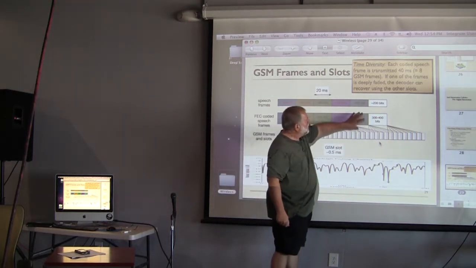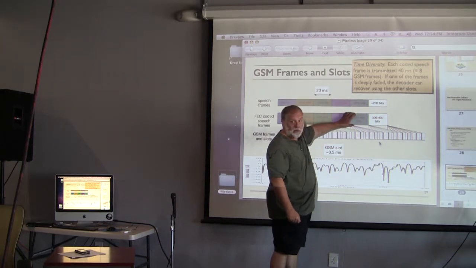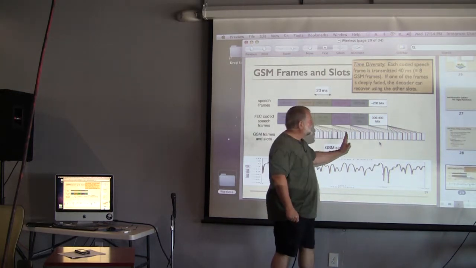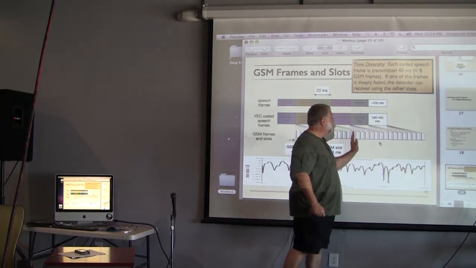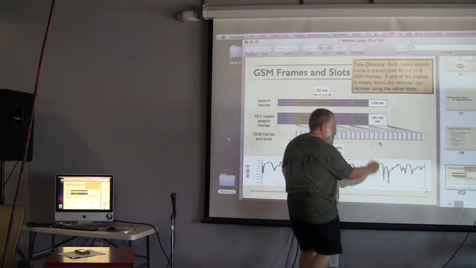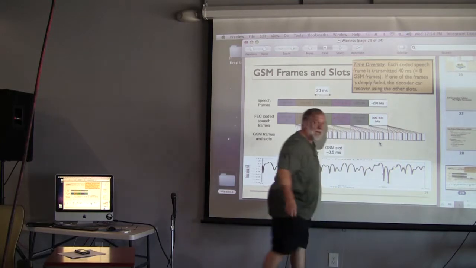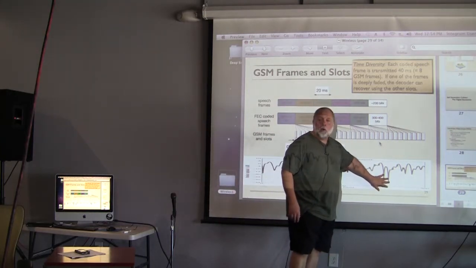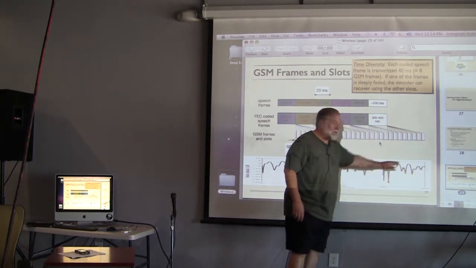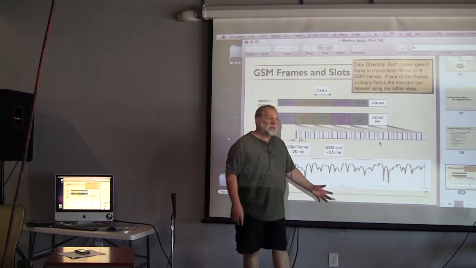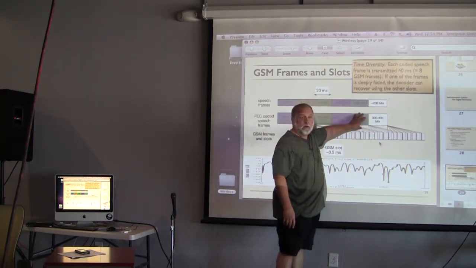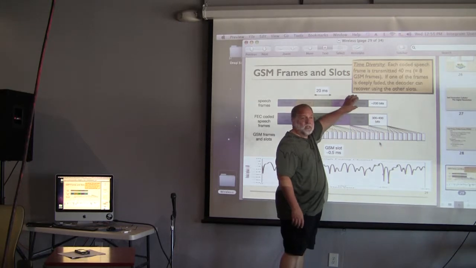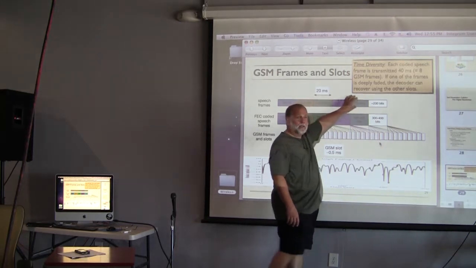So the information that the channel decoder is going to use is spread out in time, over those fades. And so even though 1/4 are deeply faded, I can still probably decode because I still have enough good slots that the decoder can overcome that and reproduce the speech bits as transmitted.